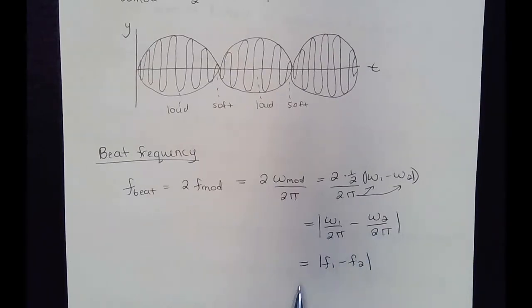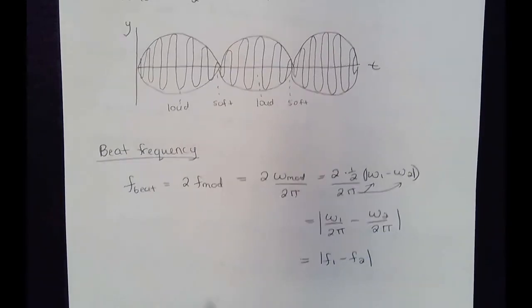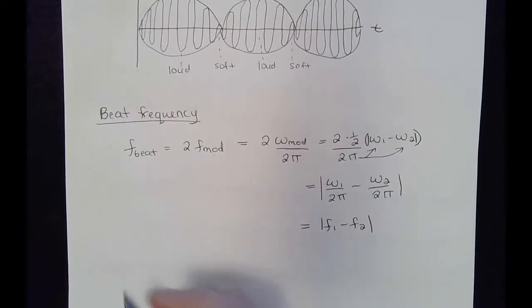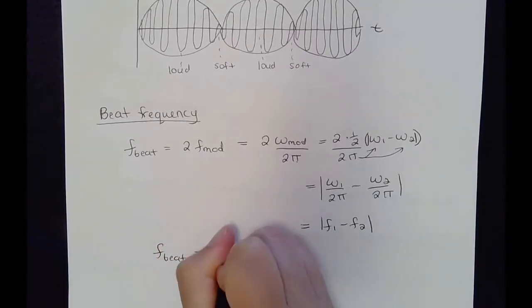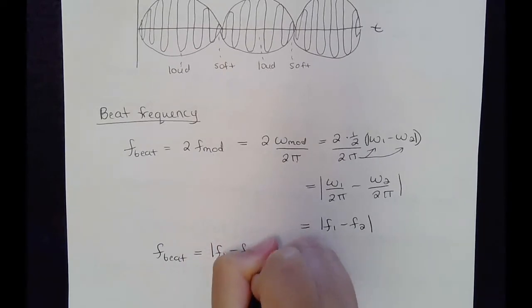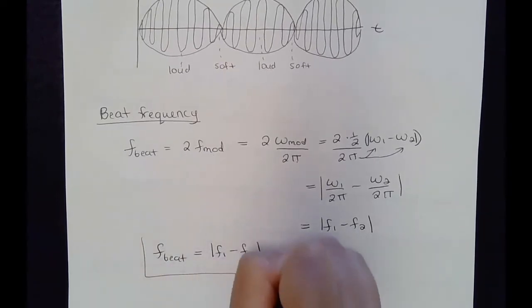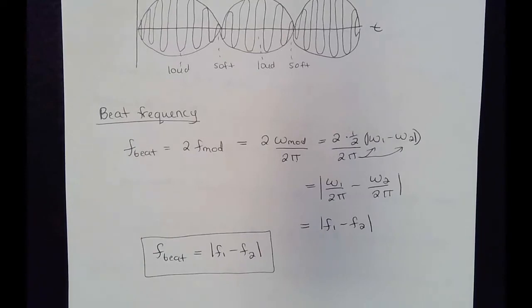So we end up with the beat frequency is |f1 minus f2|. So this is our important result here. f beat equals |f1 minus f2|. And that will give us the number of beats that we hear per second due to the interference of these two frequencies.